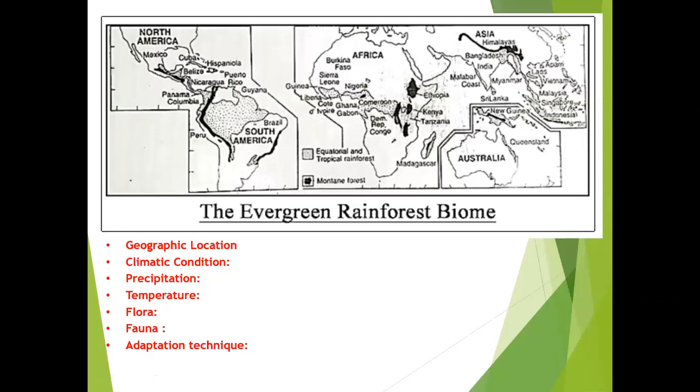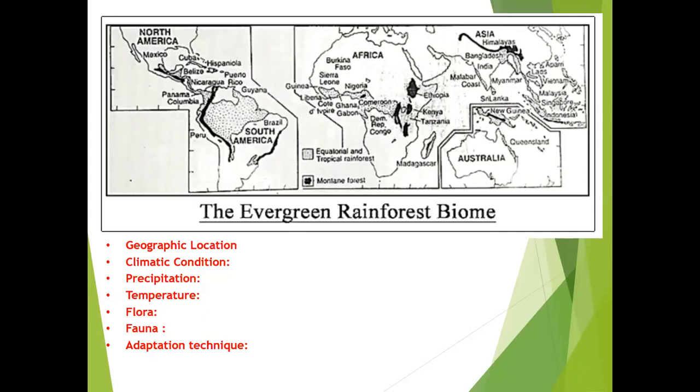Then we'll be talking about flora and fauna. Flora is about vegetation, and fauna is about the animals found in that biome, and how they have adapted. We'll be talking about different communities and how they have adapted in that biome.